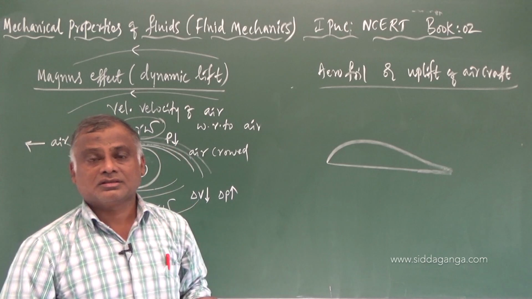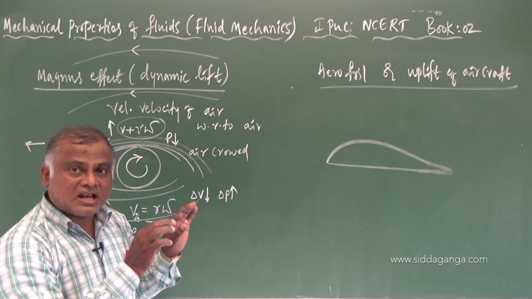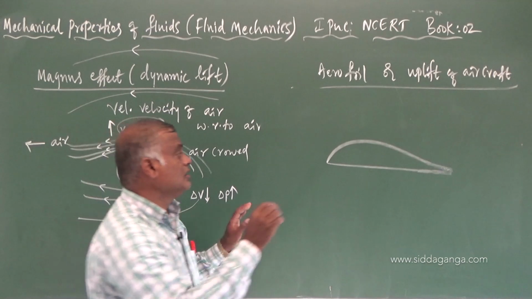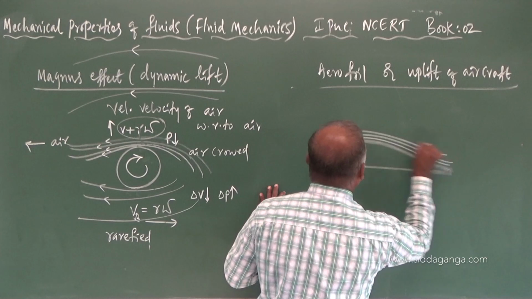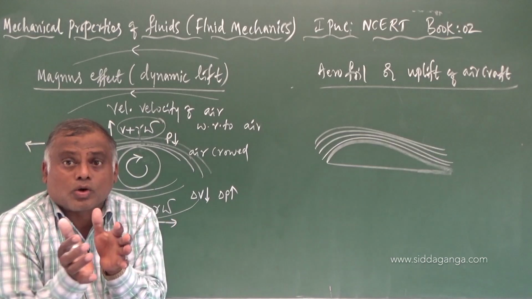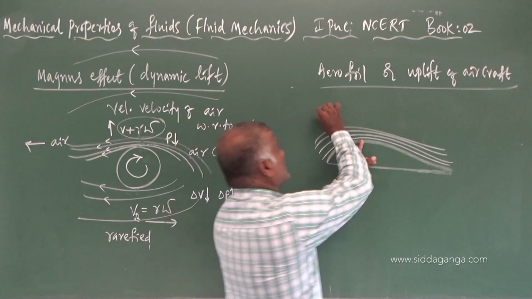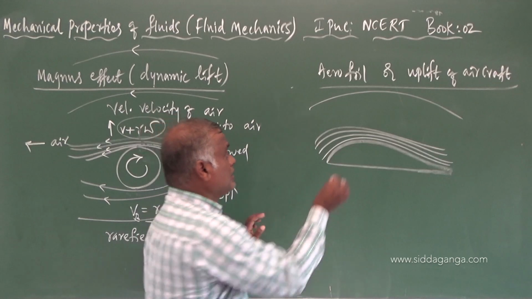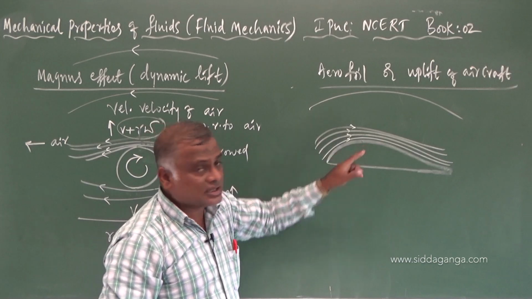What happens here is, when the aeroplane or aircraft moves with maximum speed before takeoff, the air layers in contact with the upper part of the wing get crowded. As a result, the velocity of the air layer in contact with it increases.